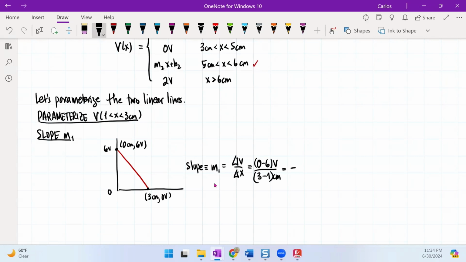Then I'm going to get a negative 3 volts per centimeter. But we have to convert to meters. This is 100 centimeters in 1 meter. So this gives me a slope of negative 300 volts per meter, and that's my slope right there.